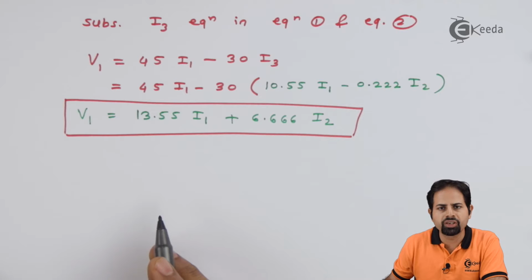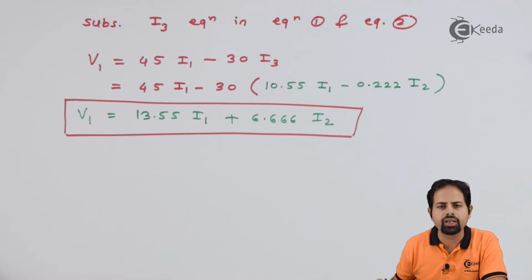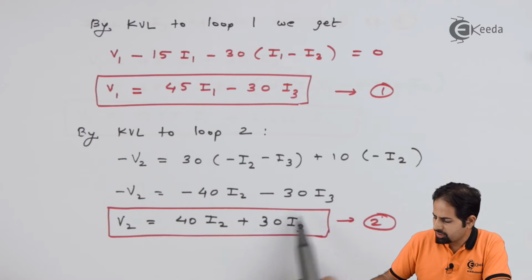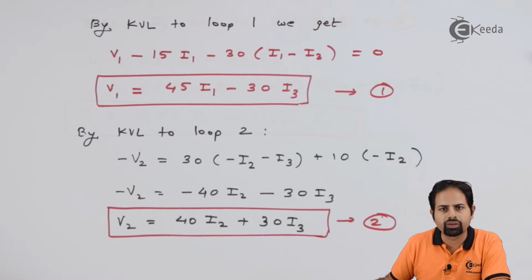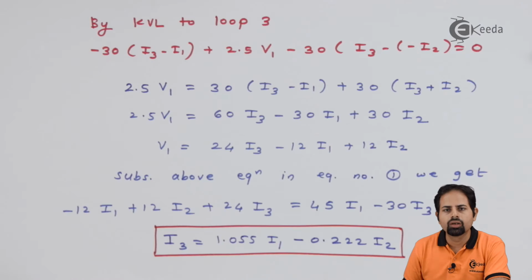So after substituting the value, this is what V1 we have obtained. Similarly, we will get V2, so again by substituting for this I3 which we already got, we can get value of V2.